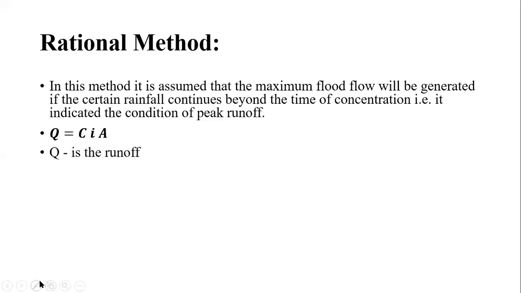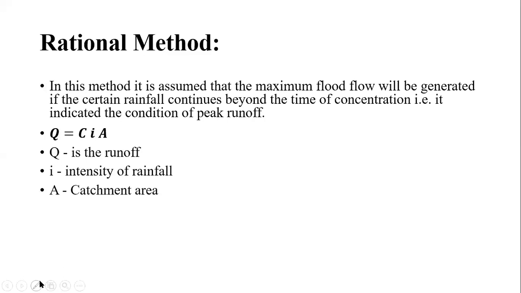Then here Q is nothing but the runoff or the flood in meter cube per second. C is a coefficient, I is the intensity of rainfall, and A is the catchment area.